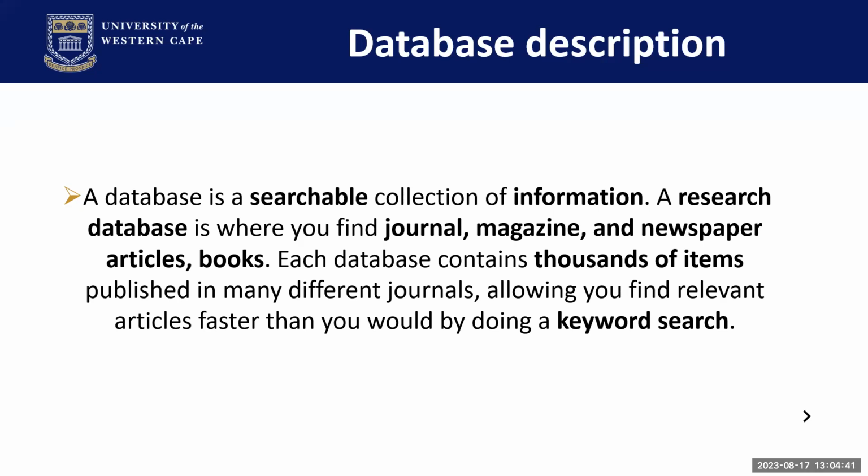So the simplest way of finding items on a database is by looking items up through a keyword search. So if a database has got thousands and millions of items, it's quite impossible to look through and find what you actually want. So the most effective way of finding information on a database is using a precise and accurate keyword search.